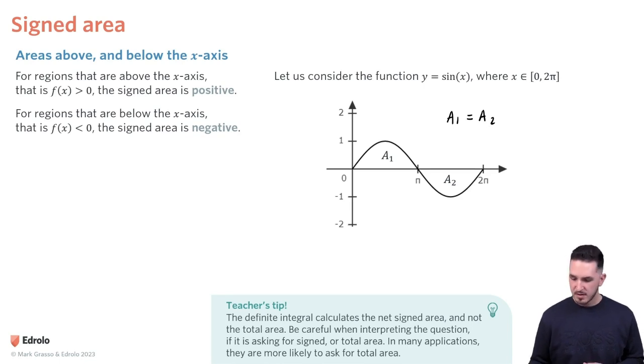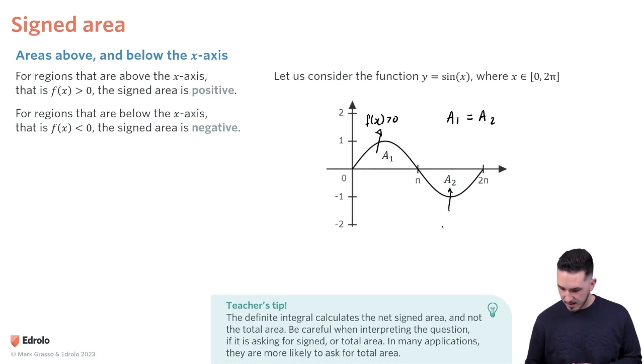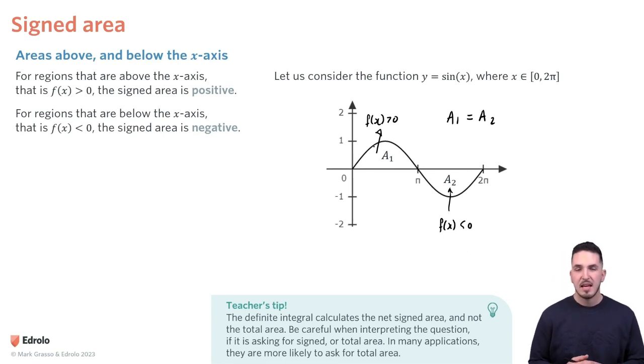However, the difference here is that A1, this part of the graph, is where f of x is greater than 0, and A2 is where f of x is less than 0. So even though the areas are the same, if we were to add them together, technically speaking, A1 plus A2 would equal 0 if we're considering the signed area.